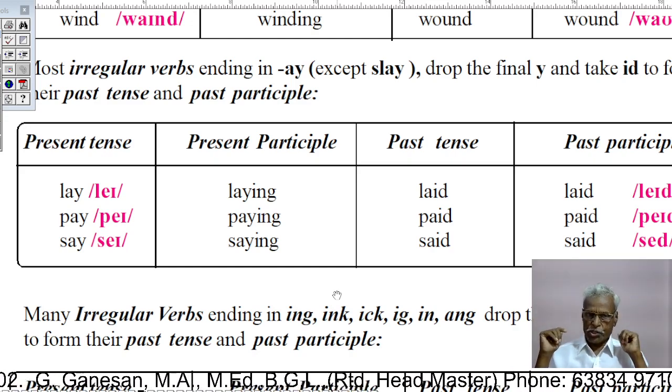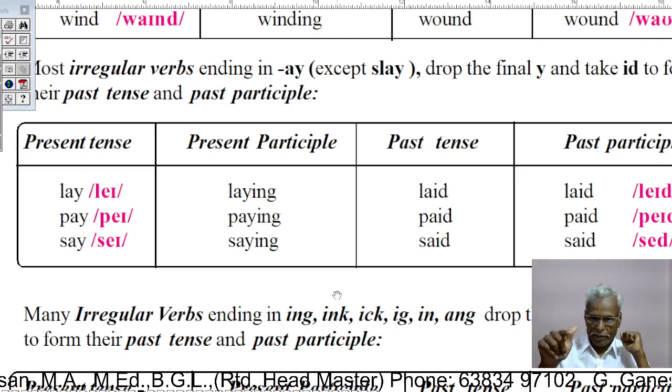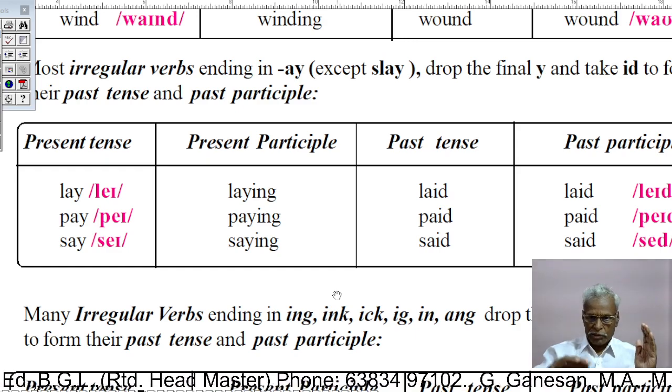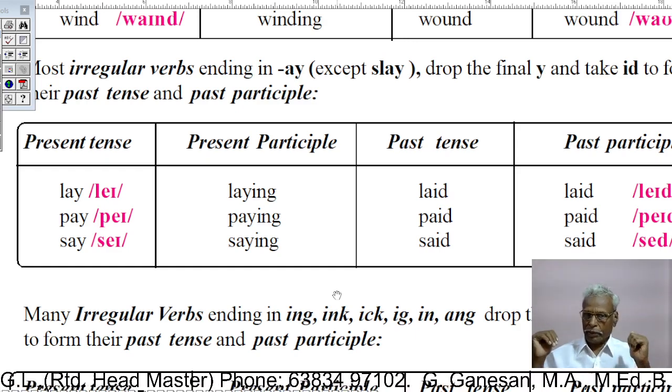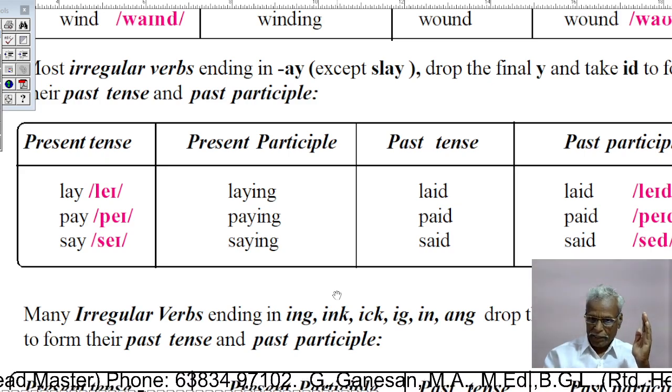So there are three words. Lay: drop the Y and take ID, laid, laid. Then pay: drop the Y, add ID, paid, paid. And the third one is say: drop the Y and take ID.